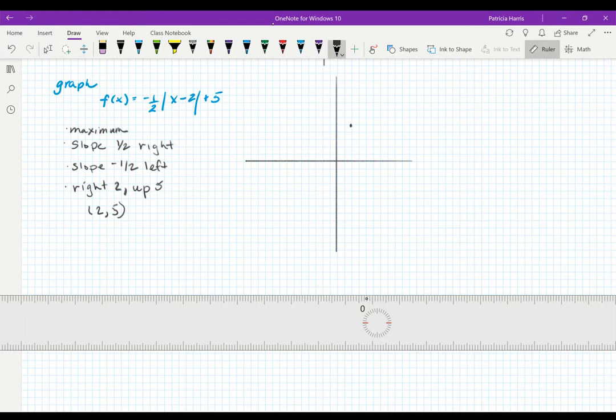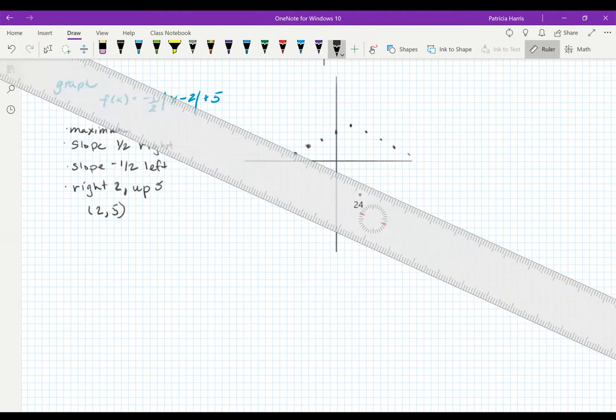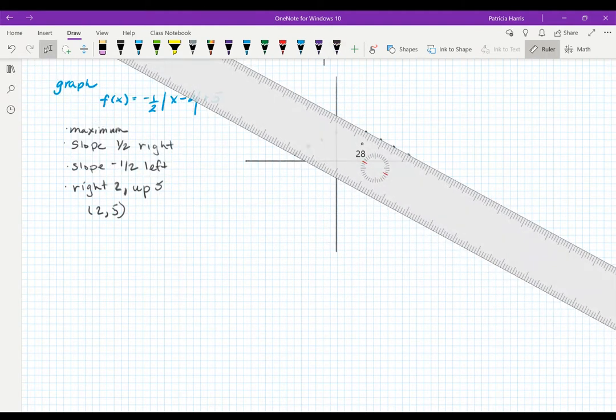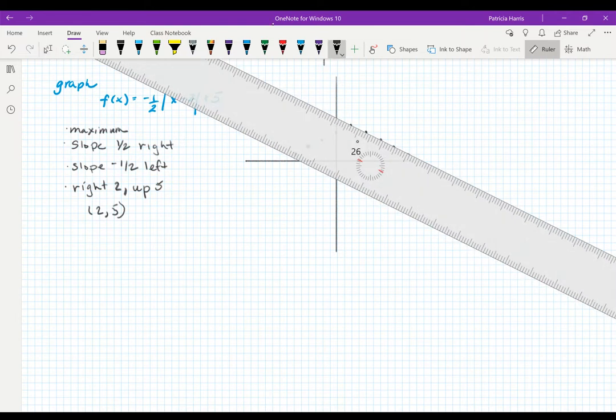Remember, it's negative on the left, 1 over 2, 1 over 2, 1 over 2, 1 over 2, and then positive on the right. Make sure you get that correct shape. You don't want to accidentally draw a parabola. This should look like a V or an A with nice straight lines. And there you go.